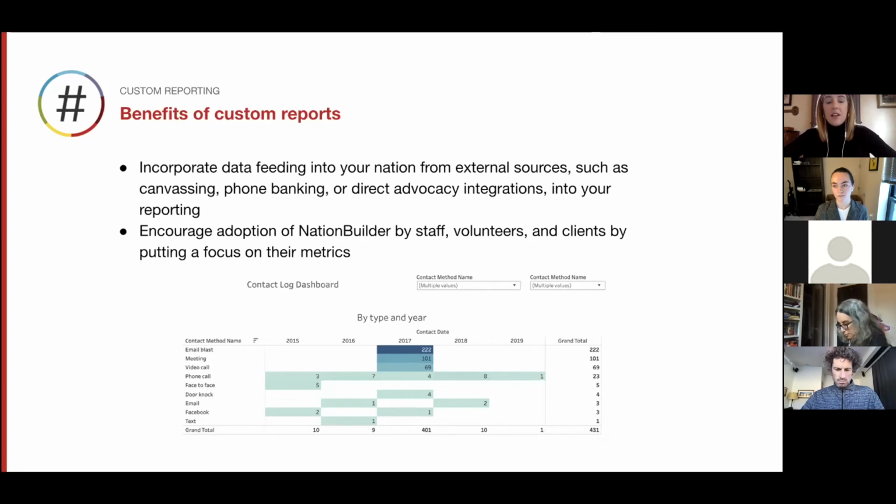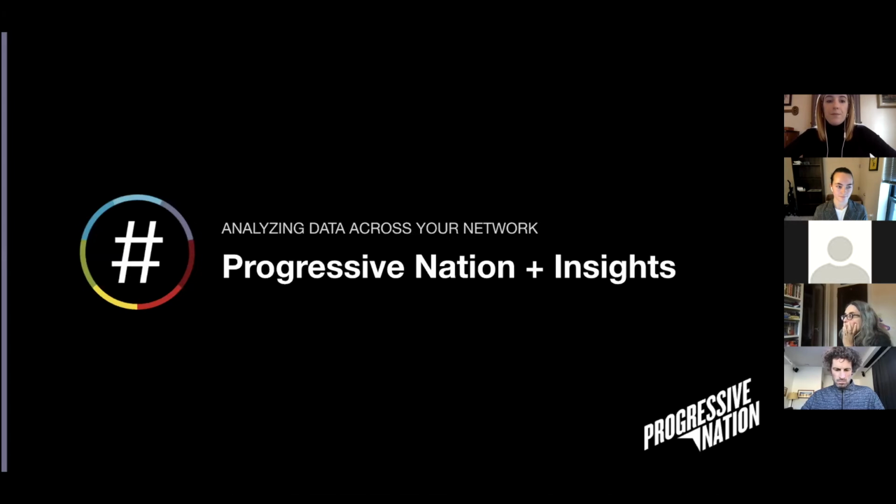Shine a light on the metrics, how they're hitting them, and if there are areas where adoption is lower that we need to address. These are all things that Insights can really help to do. I've seen it happen with organizations that use this, especially when it comes to logging contacts. So that is definitely an area where it's quite helpful.